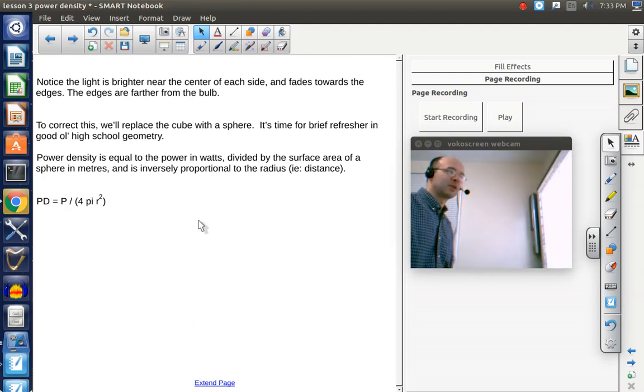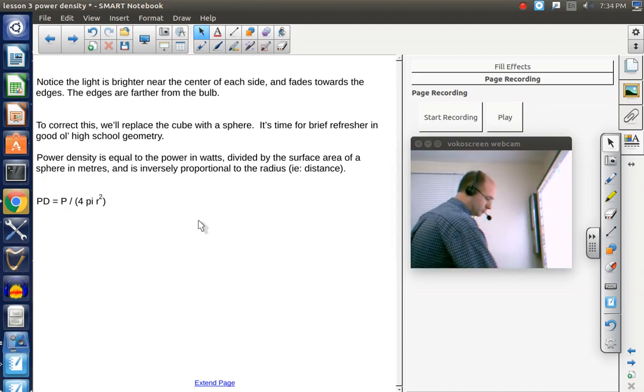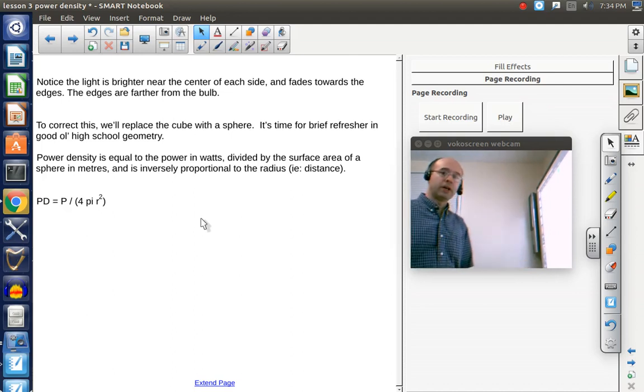Well, here's where it comes into play. Glad you remembered it from so many years ago. Power density then is going to be the power in watts from my light bulb or my radio antenna divided by surface area of a sphere. In this case, 4 times pi times the radius squared.